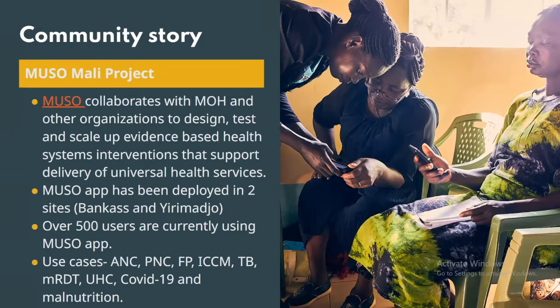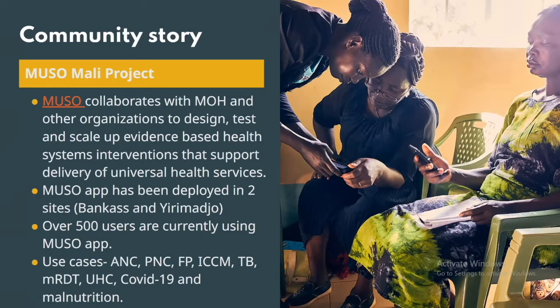To date, our apps have been deployed in 9 health areas, 8 in Bankass and 1 in Koro. They support the management of pathologies such as child diarrhea, maternal health, malnutrition, malaria, TB, COVID-19, family planning for women and men, and acute respiratory infection.